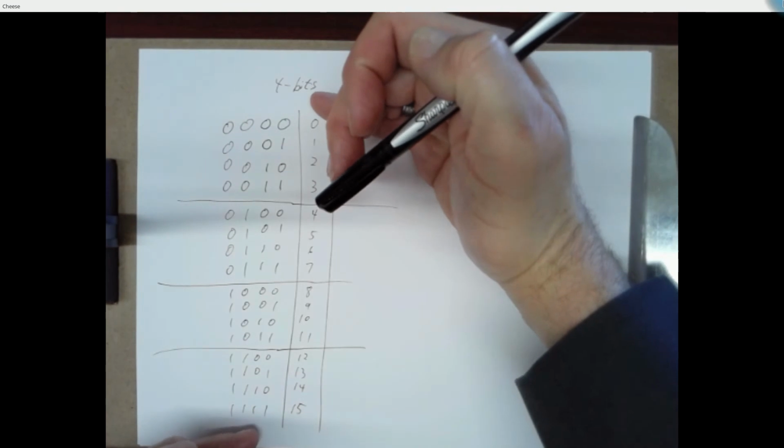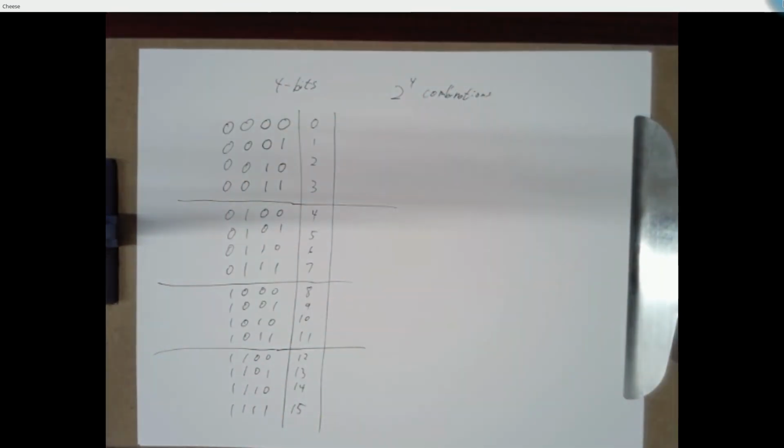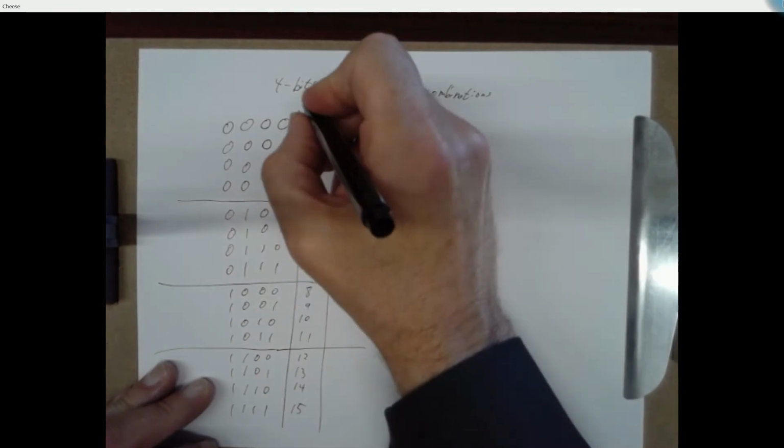But until then, you can make tables like this. And if I wanted a 5th bit, same thing, just copy this down. Top half gets a 0 on the left, bottom half gets a 1. There's your 5-bit numbers. So we can switch between bits and integers pretty painlessly. So this is decimal.